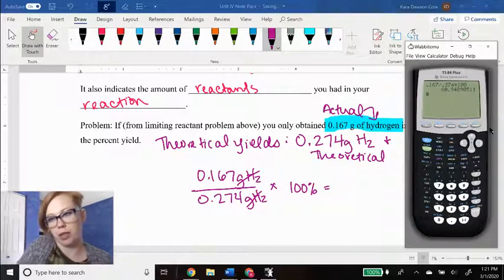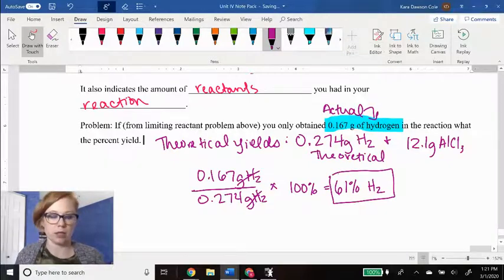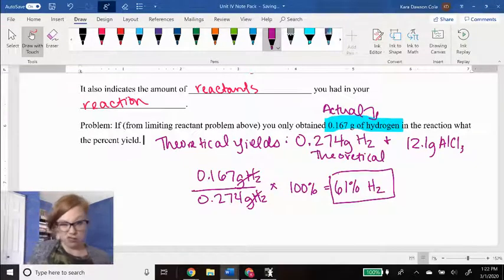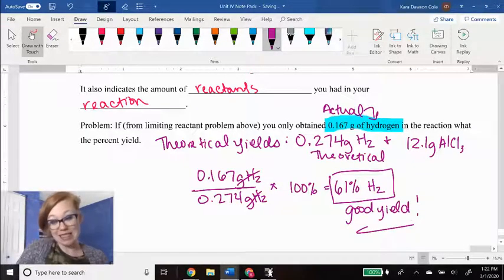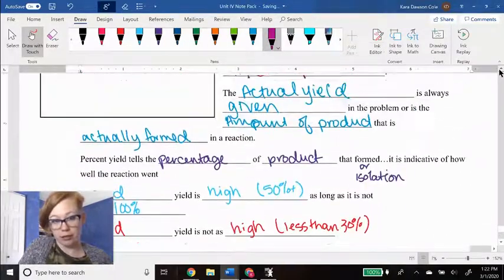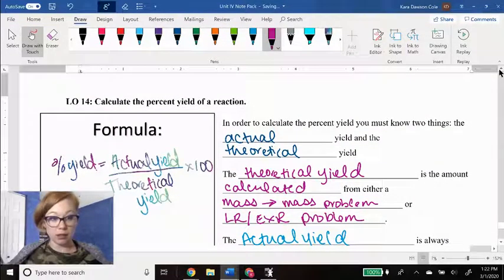So 61%. You can write it as 61% of H2, which is a pretty good yield, right? So it's above 50%. It's a good yield. And that is the final learning objective, which is to calculate the percent yield of a reaction. So last learning objective for Unit 4.